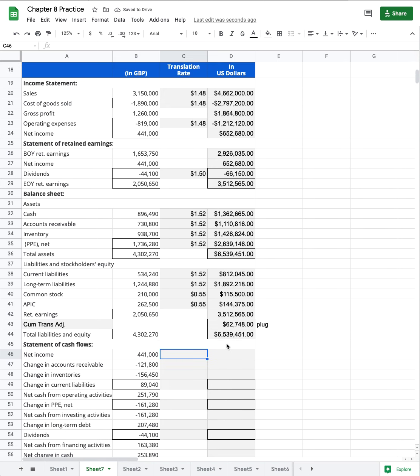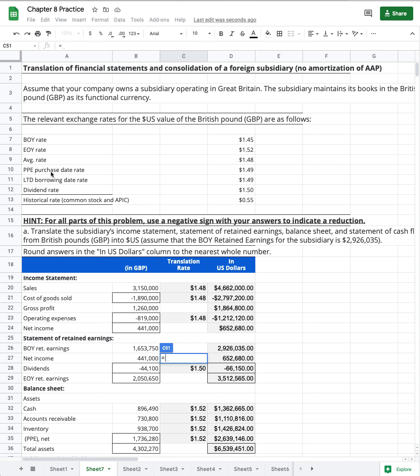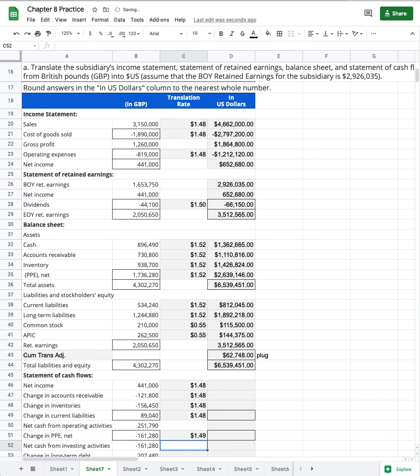Then we can come down to the statement of cash flows, and so I'm going to copy this average of $1.48 down. For the change in PPE, we'll use the PPE purchase date rate of $1.49.